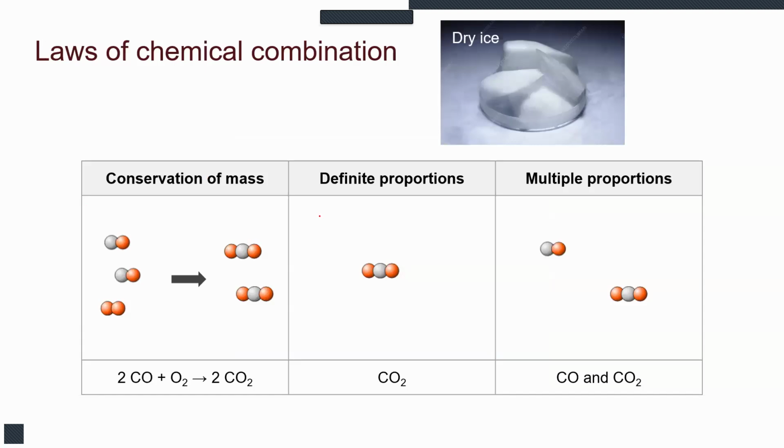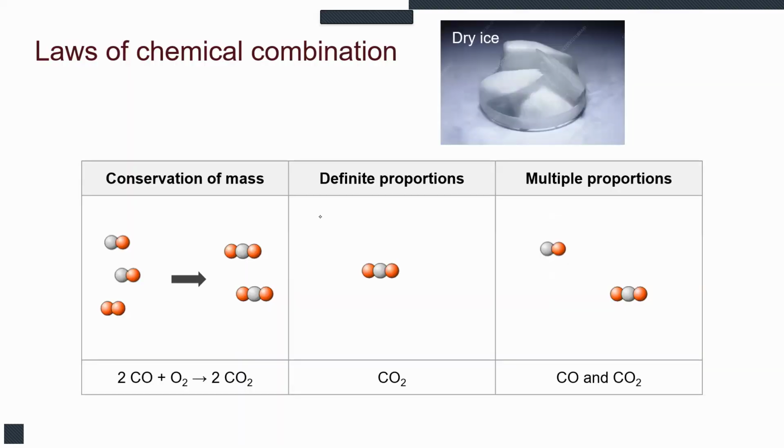Now, another important rule, and we're kind of breezing through these because they're going to be more important later on when we talk about chemical reactions. We convert things, we rearrange atoms to make new products. CO plus O2 yields CO2. Carbon and oxygen can rearrange in different ratios, but CO2 is the gas that you exhale. That is a defined proportion.